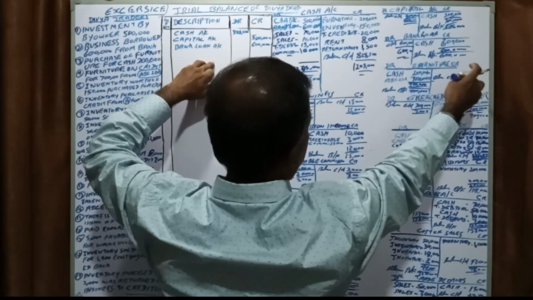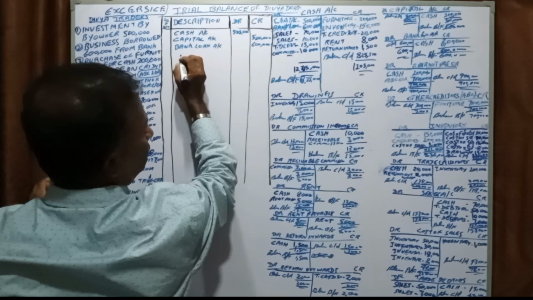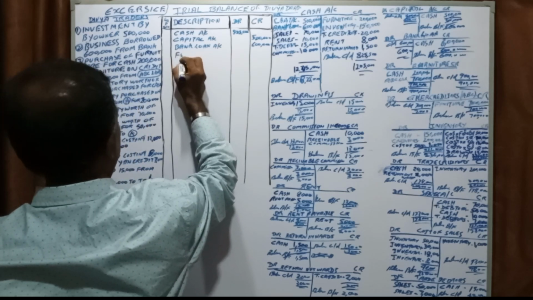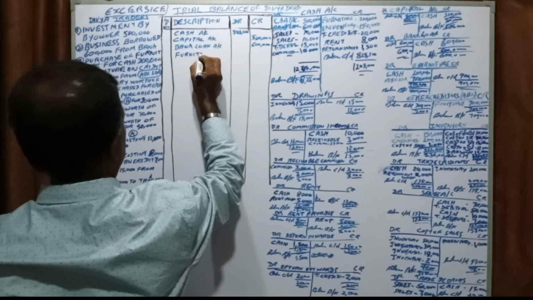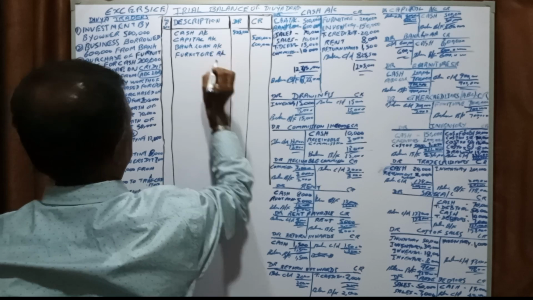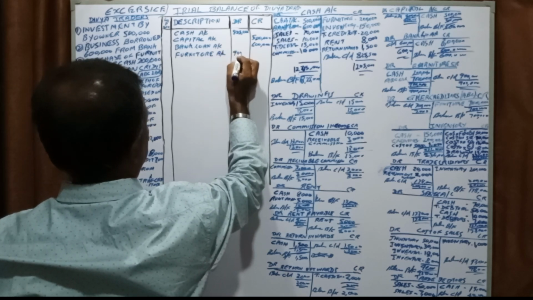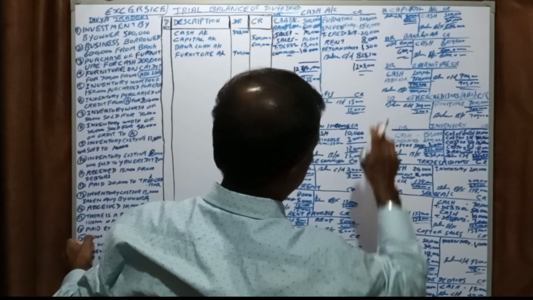Next one, furniture and fittings, has a debit balance of 900,000.